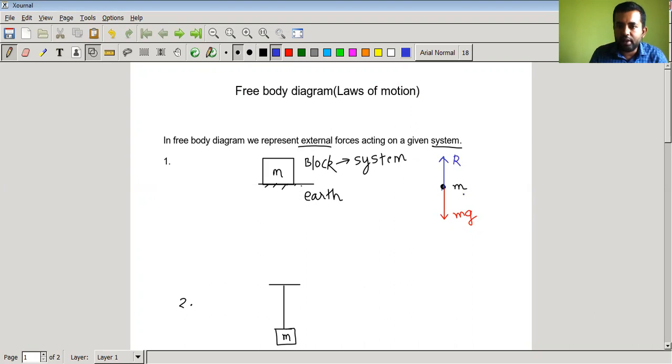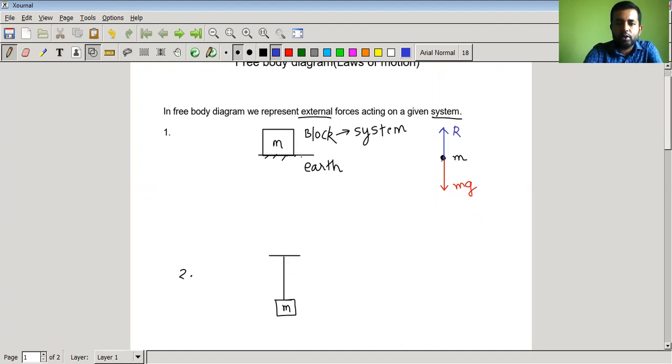So now m is the system, and in the free body diagram we have represented the external forces acting on the system. So one is force by earth, and another is also force by earth only, by the ground, in upward direction.